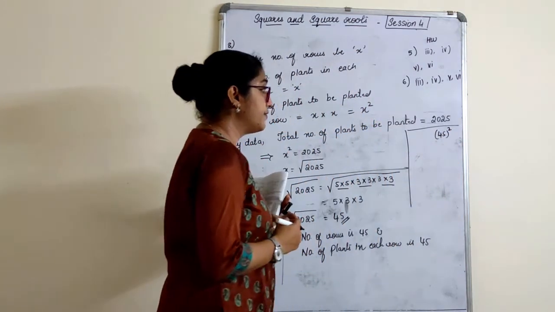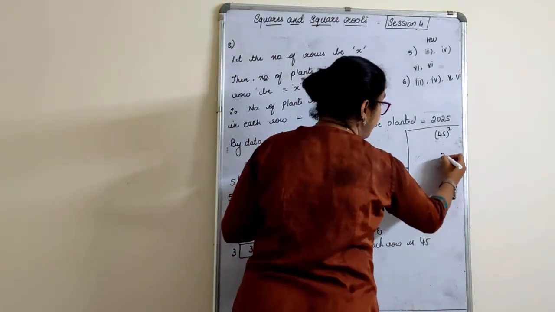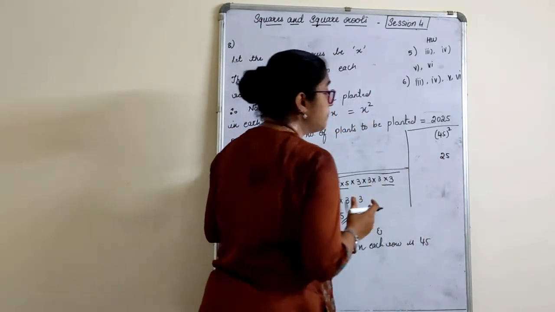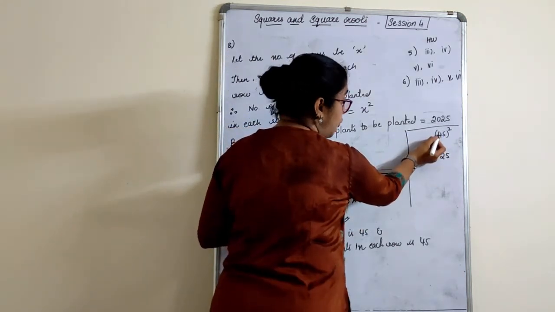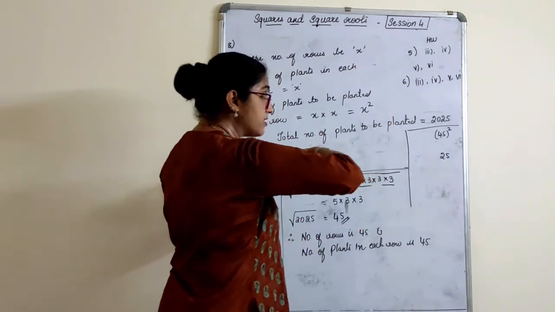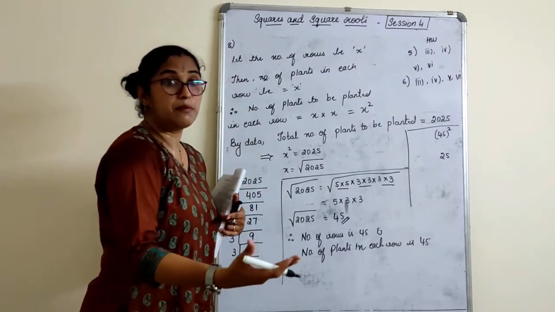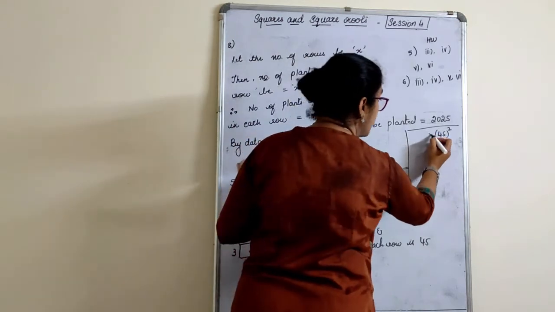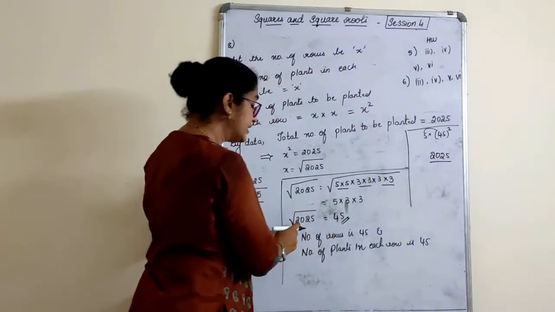The first thing to remember is, whenever we square a number ending in 5, the answer is going to have 25 in the units and tens places. That is fixed. What number do you have here? 4. What is the next consecutive of 4? 5. 5 4s are 20. 2025.